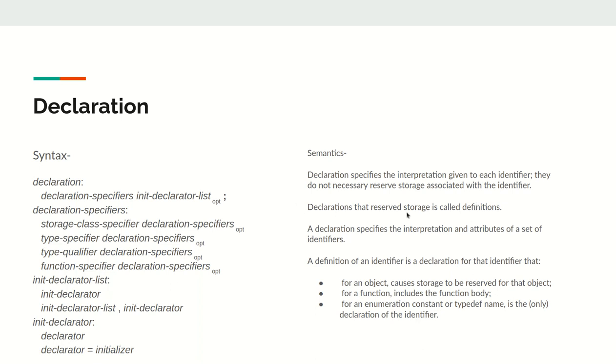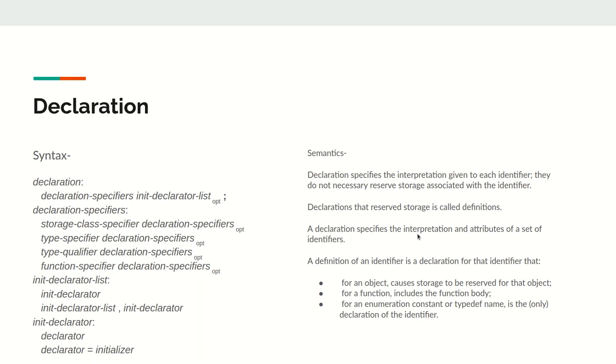Whenever we reserve some storage, that is called a definition of the identifier. So we can have the declaration with the definition together by just using this initializer part here. Actually the init declarator list is optional here, but if you specify it with the initialization, then it becomes a definition for that identifier. At that time storage is required, and it should be available in the final program in one of the sections.